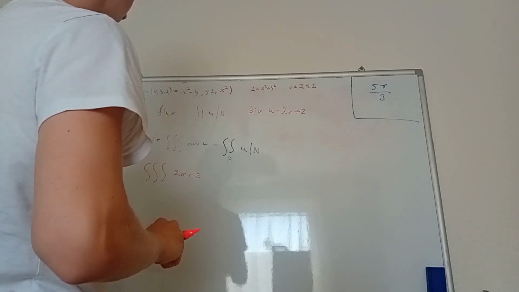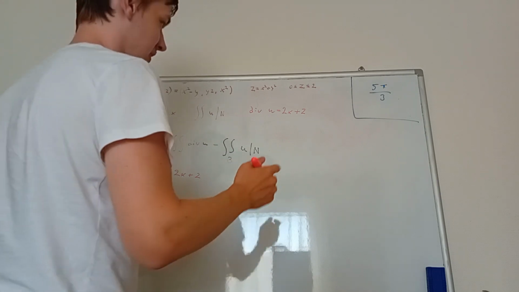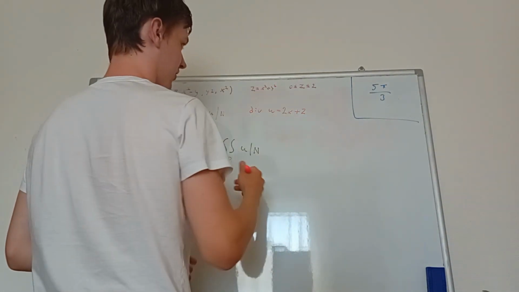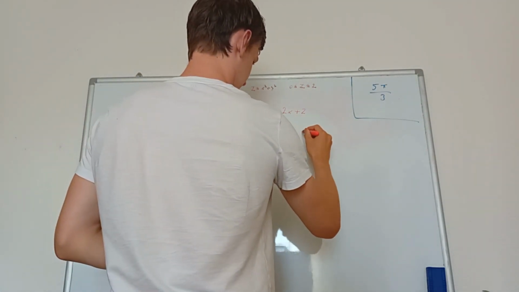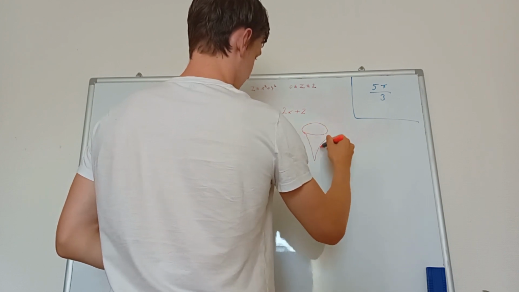So first of all, we have to look at our figure. How does that look? The figure c equals x squared plus y squared is a cone. So it should look something like this.